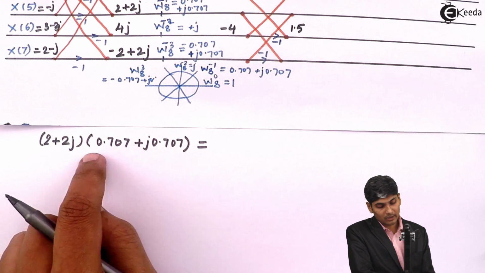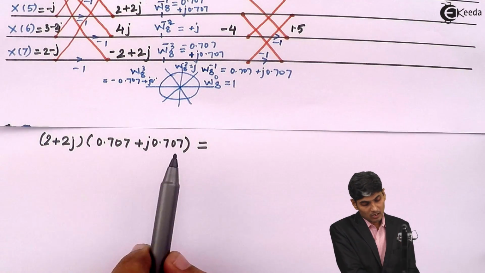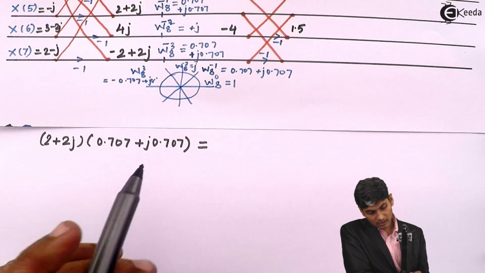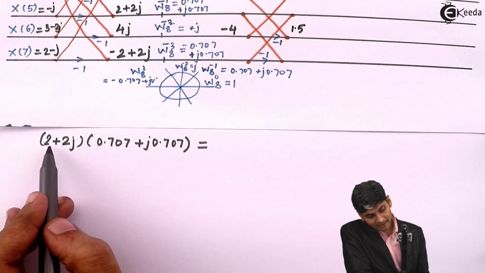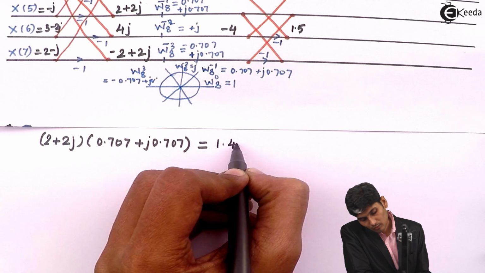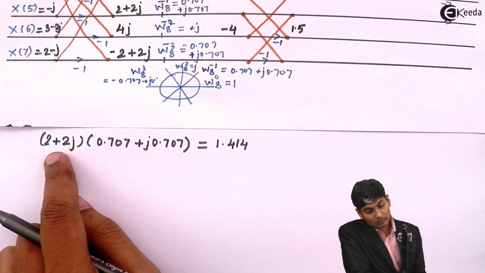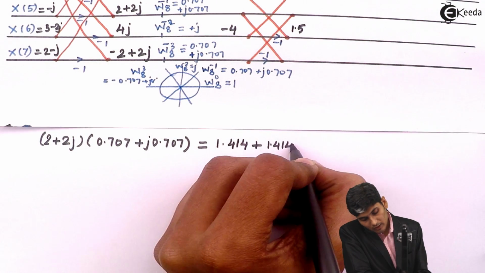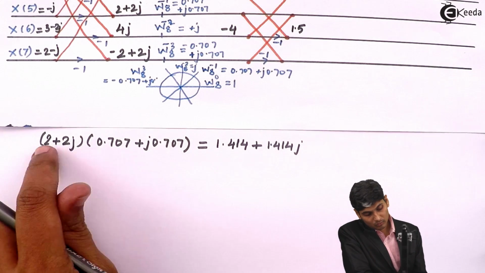First you will multiply the real part with both of them, and I'll show how to multiply two complex numbers here. We multiply 0.707 with 2, it will give me 1.414. Then we multiply the first real number with the complex number, it will give me plus 1.414j.